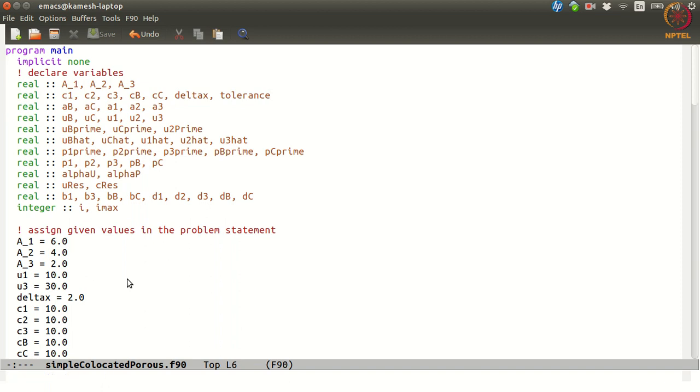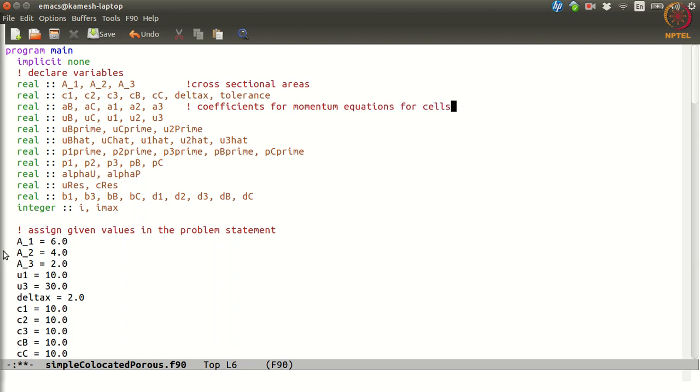Then we have AB, AC, A1, A2, A3. Remember here I have capital A underscore 1, 2, 3 to define the cross-sectional areas, whereas AB, AC, A1, A2 are the coefficients for the momentum equations for cells.